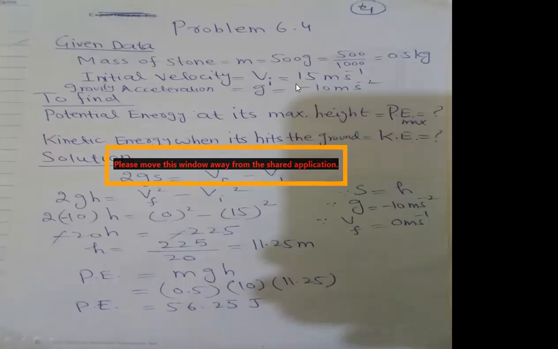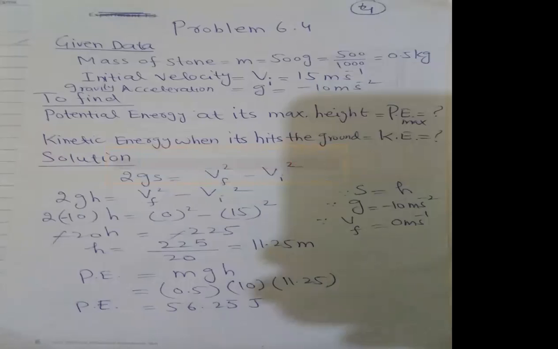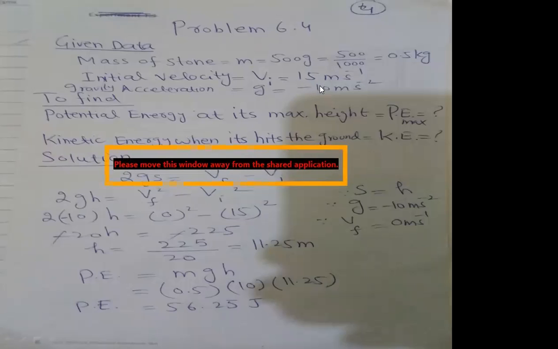The reason for taking minus 10 is that the ball is thrown vertically upward, against gravity. Work is to be done against the gravity. That's why I'm taking the minus sign. The acceleration due to gravity g is equal to minus 10 meter per second square.